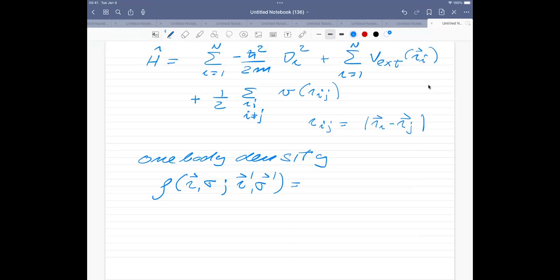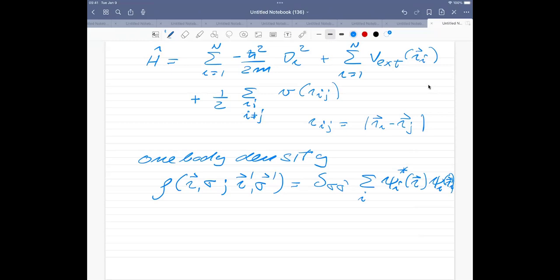And since we are assuming that there is no spin dependence, this is now defined as a product of ψ_i complex conjugate multiplied with ψ_i at r prime. So this is an r here.